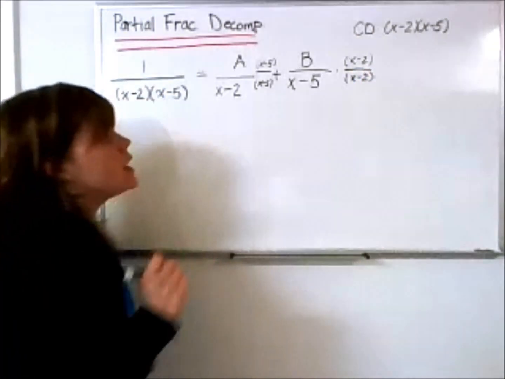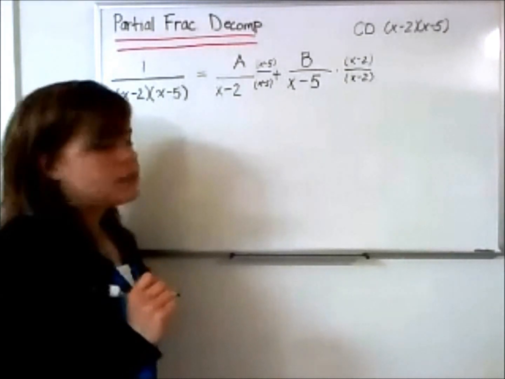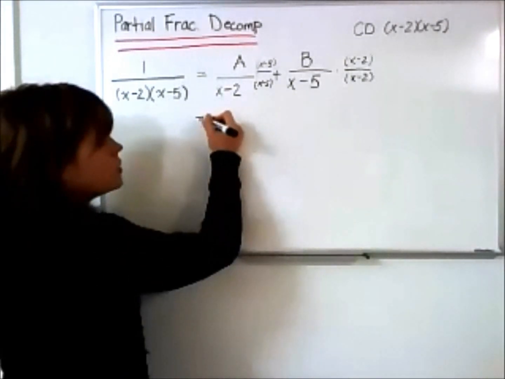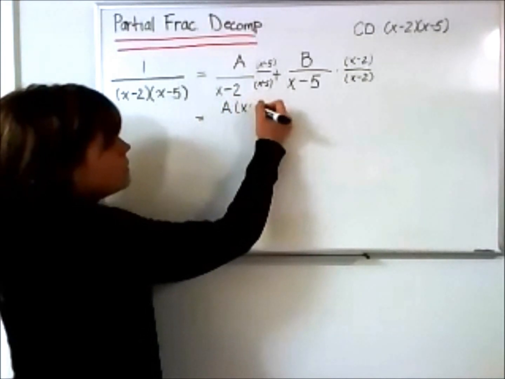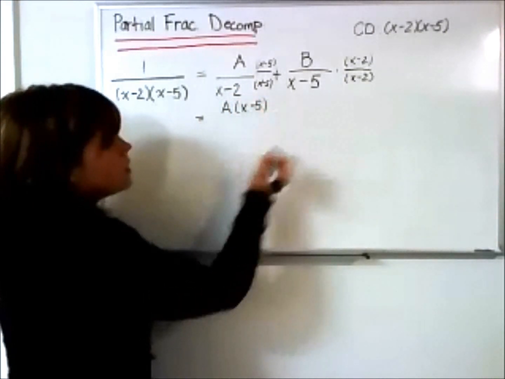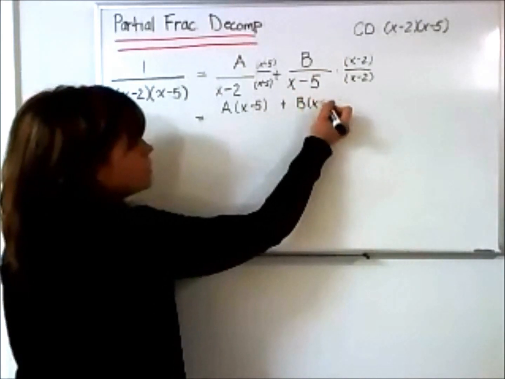So again, we're just trying to get a common denominator in order to be able to add these fractions. So over here, we will have A times x minus 5. And from this, we get B times x minus 2.